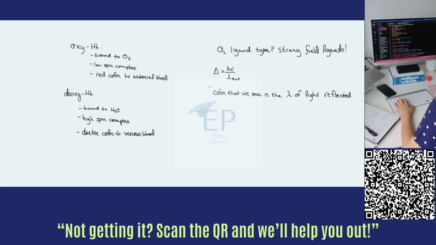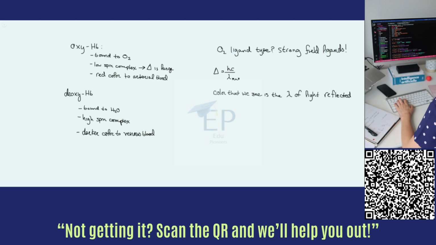So let's explain the red color of arterial blood. So low spin complexes tend to have larger crystal field splitting energies. Crystal field splitting energy is inversely proportional to the wavelength of max absorption.